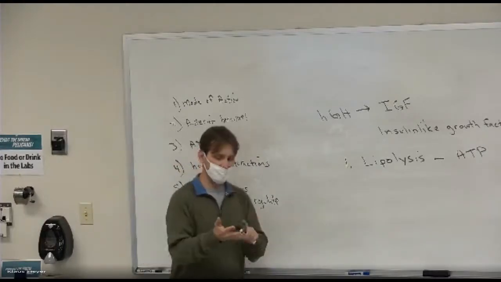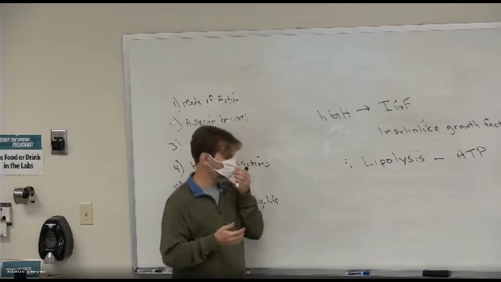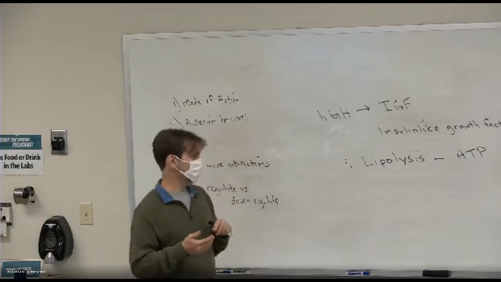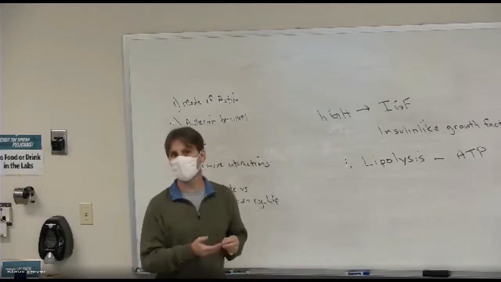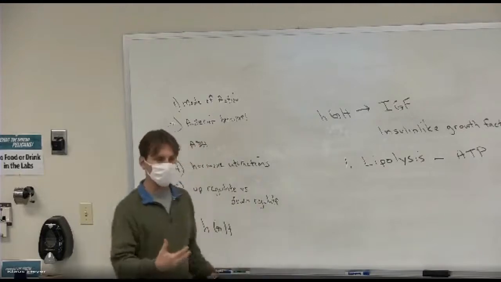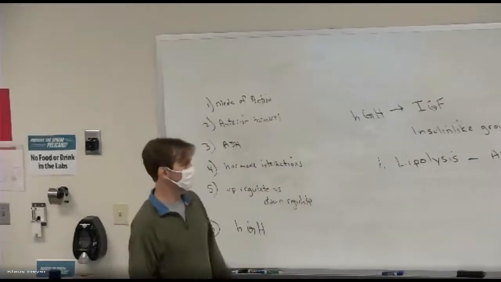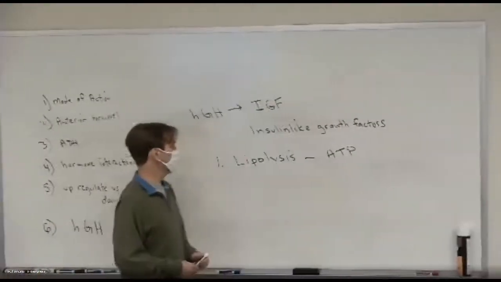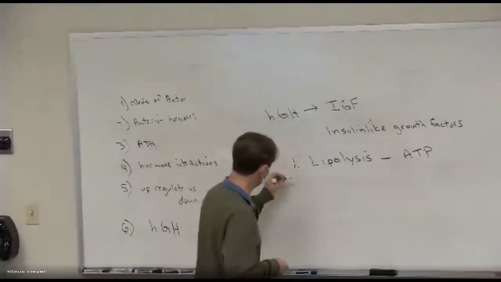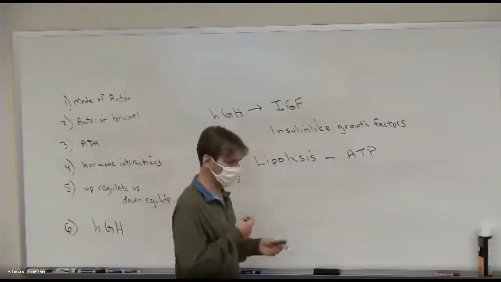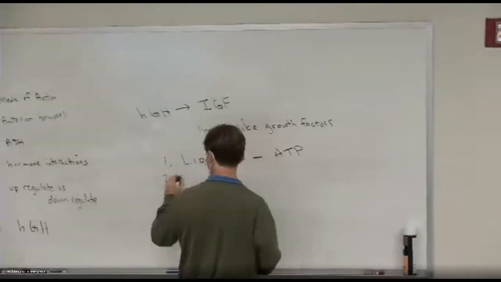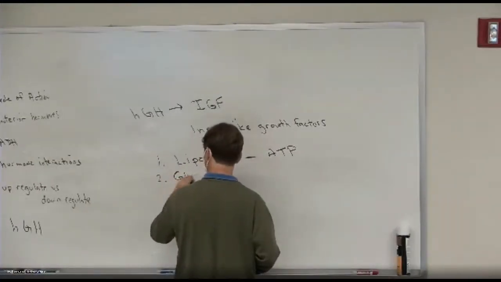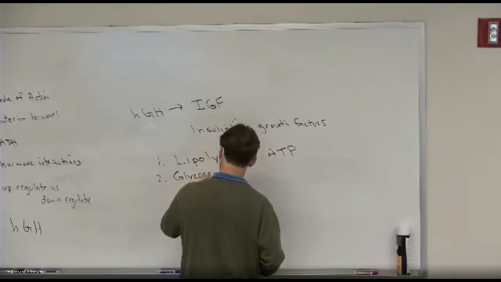So fat and sugar are like Mexican pesos and Canadian dollars, right? It's money, we just can't use it. We have to convert that into American dollars. That's the ATP. So that's one thing that it does. There are different ways I can say this. I'm going to say glycogen breakdown. And then I'll explain what that means.